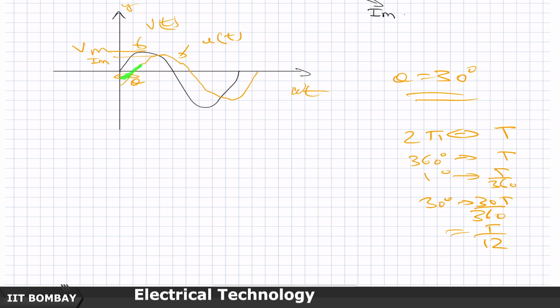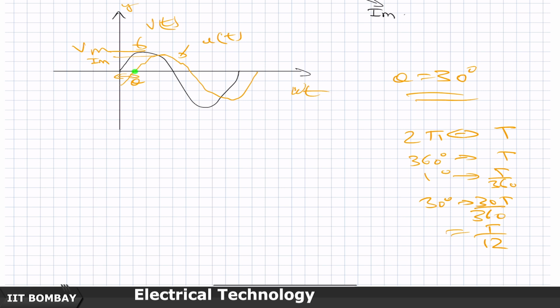current phasor is delayed by T by 12 seconds. So for a 50 hertz waveform, capital T is 20 milliseconds. So 20 milliseconds divided by 12, whatever that number is, is obviously less than 2 milliseconds.